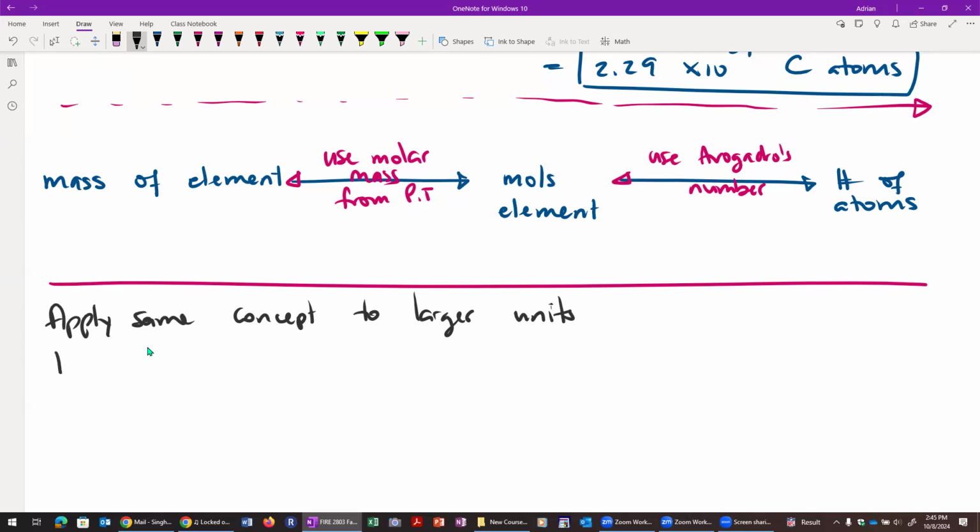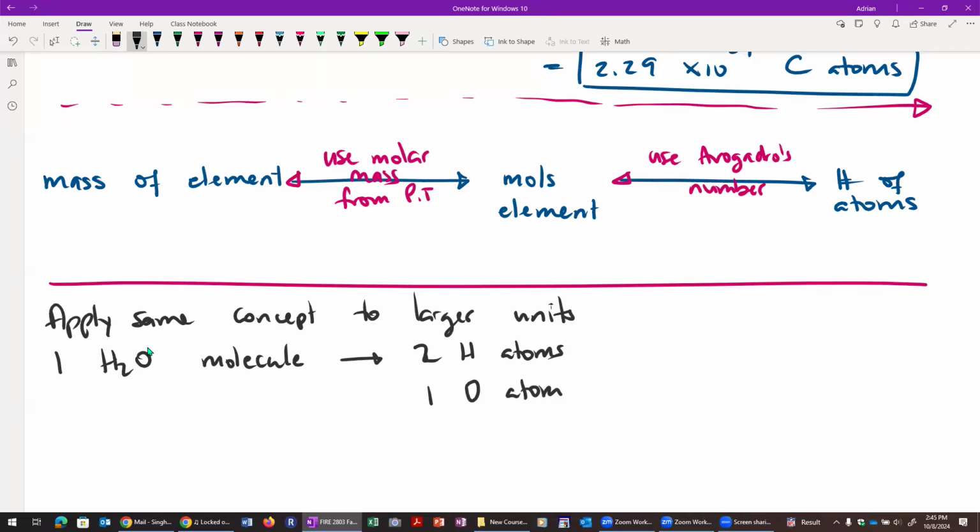So we said that one H2O molecule is made up of two hydrogen atoms, and then we had one oxygen atom in it as well.